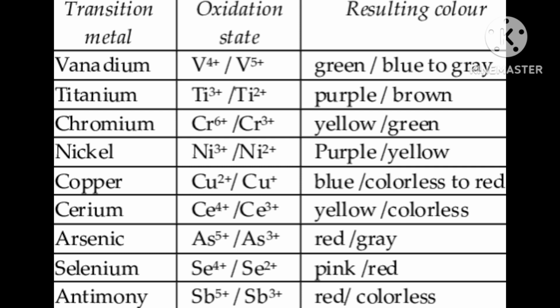Always be careful: only the unpaired ones you have to count, not the paired ones. Out of 5 orbitals, the first 2 are paired and 3 are unpaired. When n is equal to 3, the calculated value is 3.87, but the observed value was found to be 4.4 to 5.2.